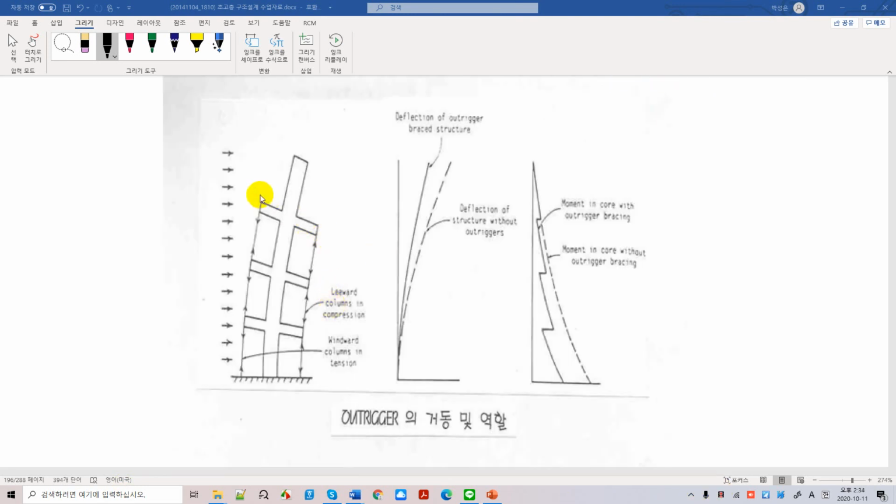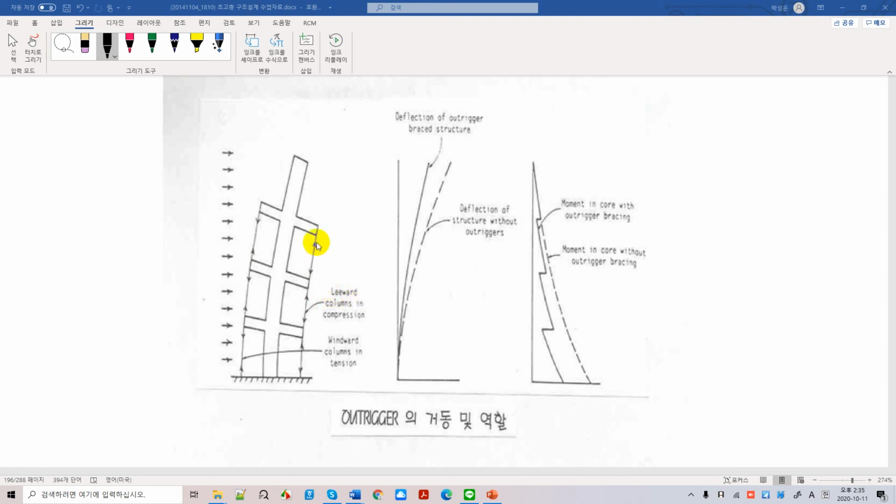If your wind is blowing from these directions, it's easy to recognize that this is a tension phase, all the columns and structural elements on the windward side. We call this the windward side, the side that receives the wind directly. That side is subjected to tension. All columns are under tension, whereas you have compression forces on the leeward side.